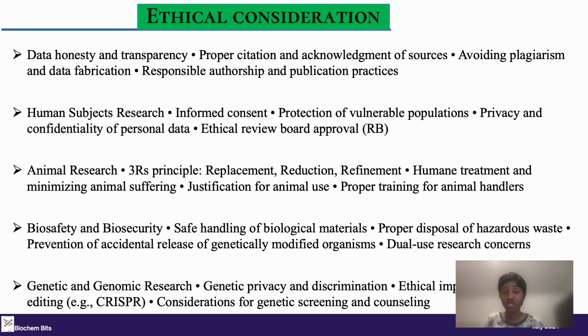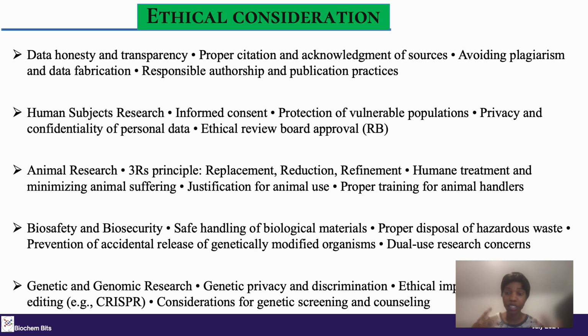Ethical consideration in biochemistry is a very important topic because key considerations include honesty in data, proper citation, and responsible authorship. For example, for human subject research, you have to get informed consent and privacy protection signed, and in animal research too, which are some of the things where I've had experience, you have to follow the 3R principles: replacement, reduction, and refinement.